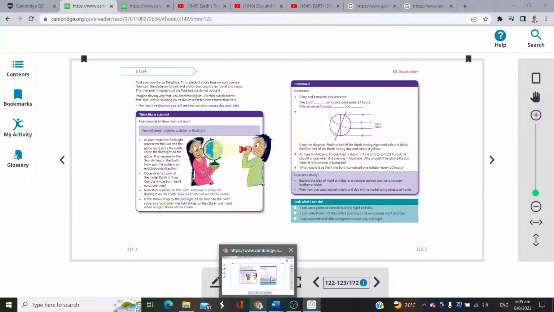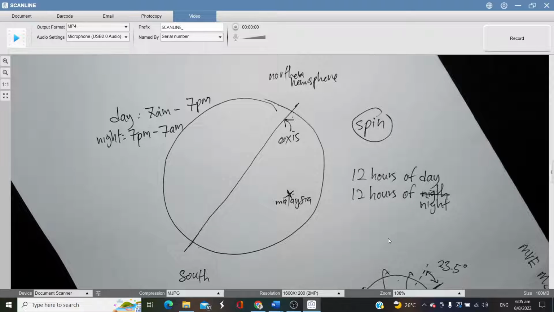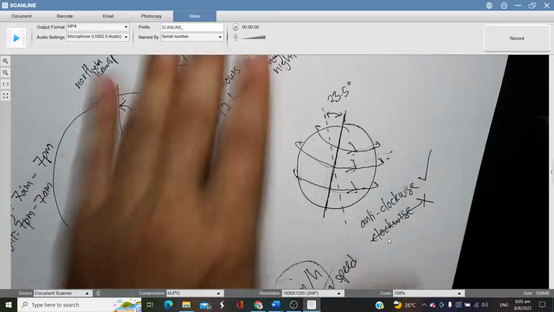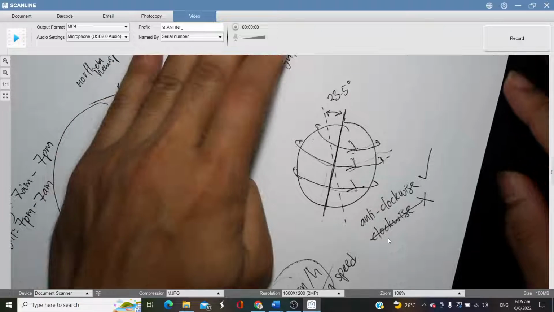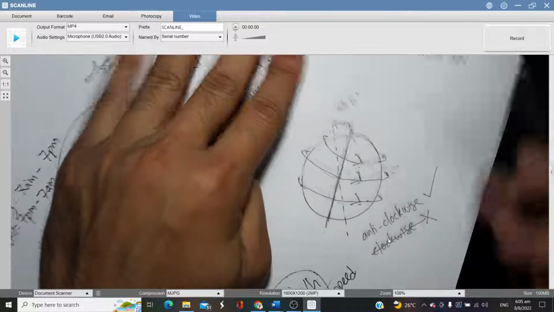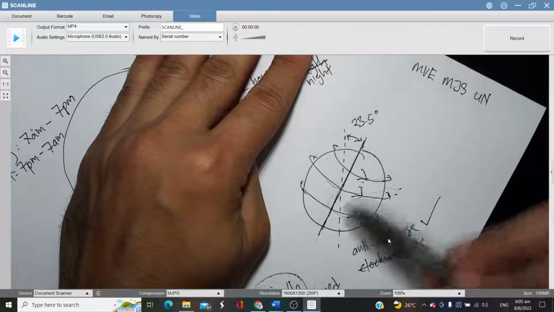Okay, so you all okay for now? What lesson for today is, firstly, you see here, don't look here, right? First of all, Earth has an axis like this.